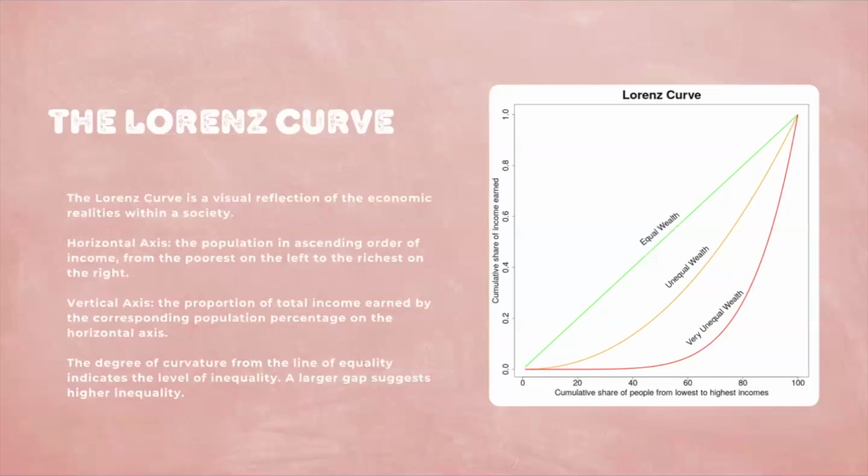And finally, the red line, very unequal wealth. This curve depicts a more extreme case of inequality. So the degree of curvature from the line of equality indicates the level of inequality. A larger gap suggests higher inequality.